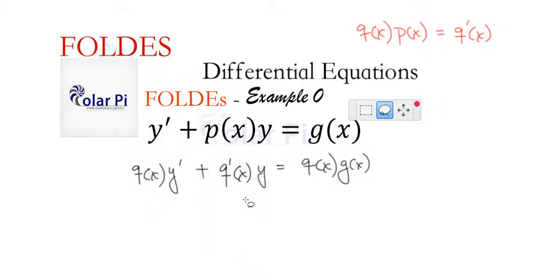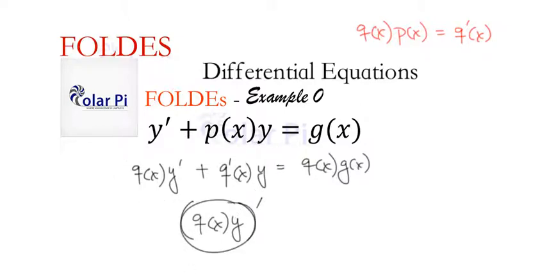But looking at this sum here, this sum is clearly q of x times y prime. That is, this here is the use of the product rule on the derivative of that, right? So this here equals that. Fine. So then we write this equals q of x times g of x.